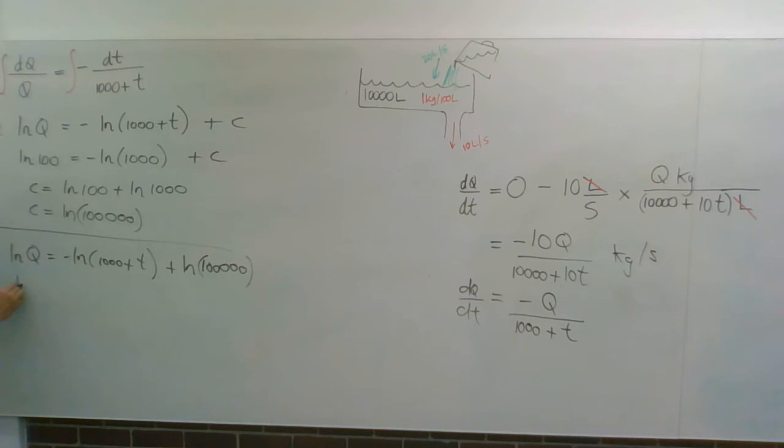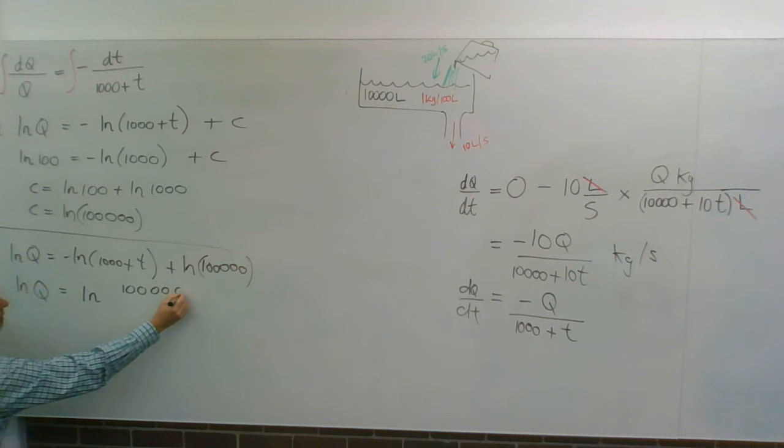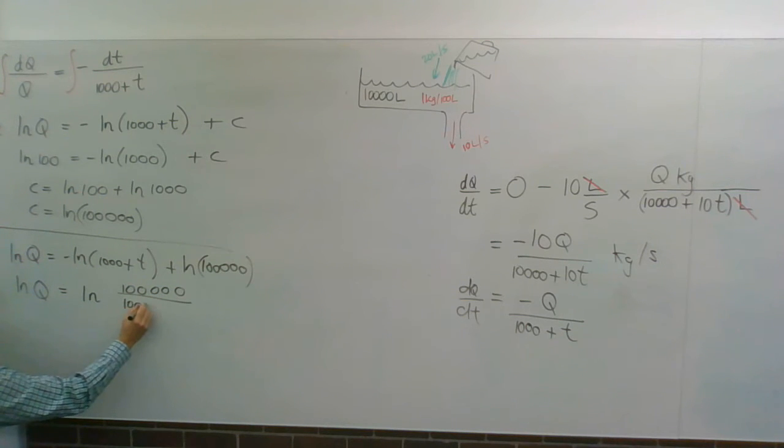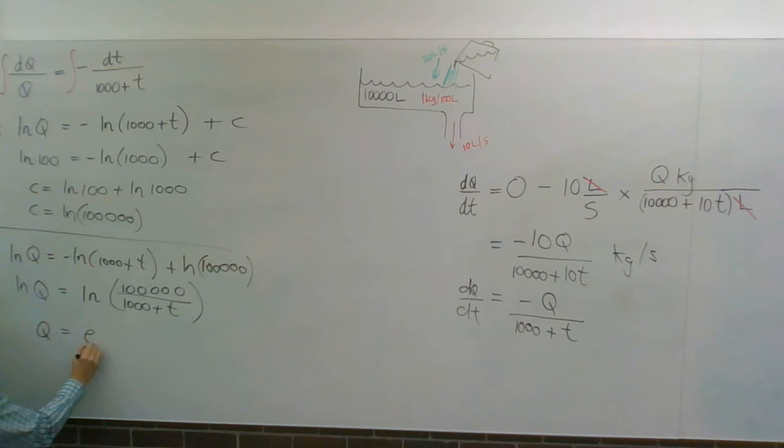So the natural log of Q is equal to the natural log of 100,000 on 1,000 plus t. So Q is just straight equal to 100,000 on 1,000 plus t.